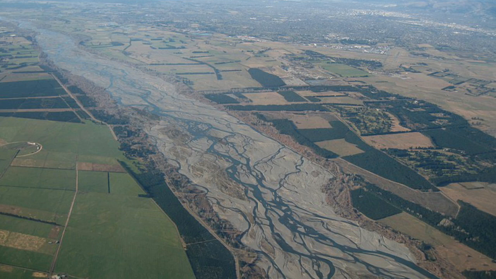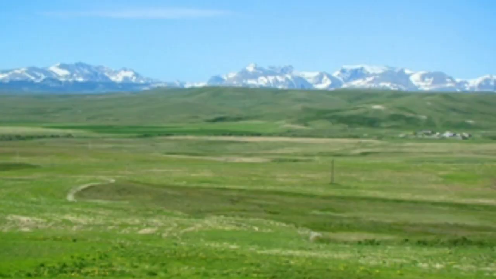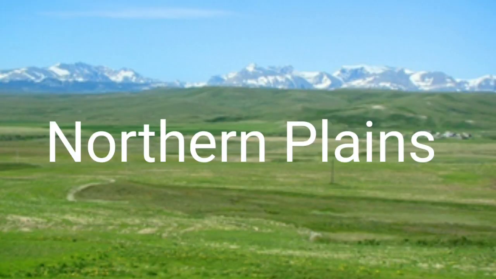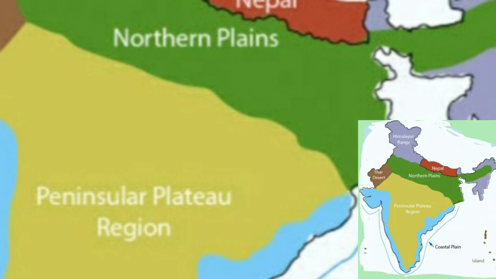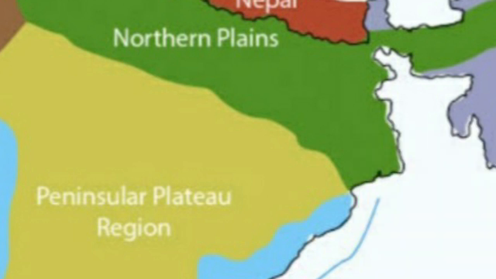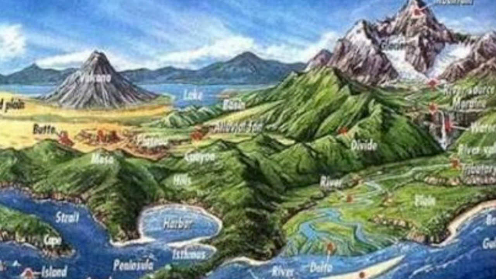This created the extensive flat northern plains of India. The peninsular plateau is one of the most ancient land blocks on the Earth's surface. The Indian landmass displays great relief variations, which we are going to know in the next session.